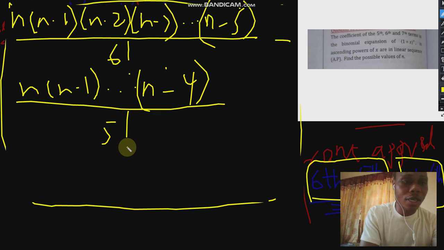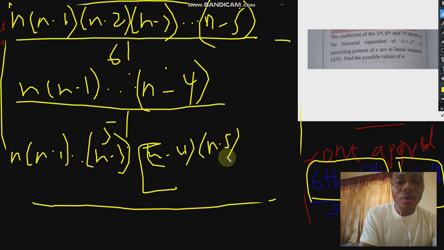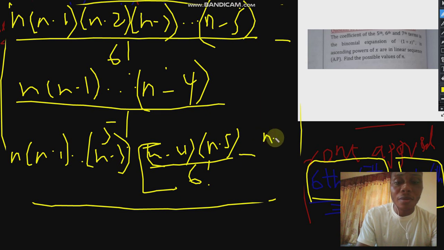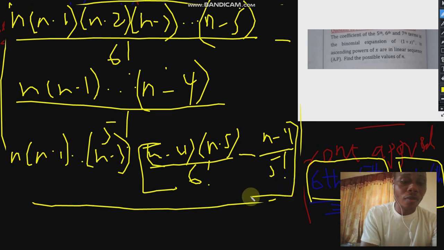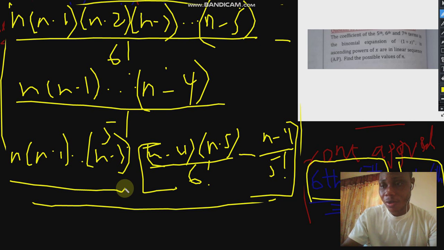The same thing happens here: I factor n minus 1 up to n minus 3 out, and I'm left with n minus 4, n minus 5 over 6 factorial minus n minus 4 over 5 factorial. This factored part will cancel the one in the former one when I equate them.